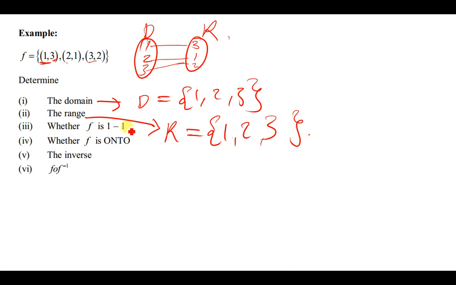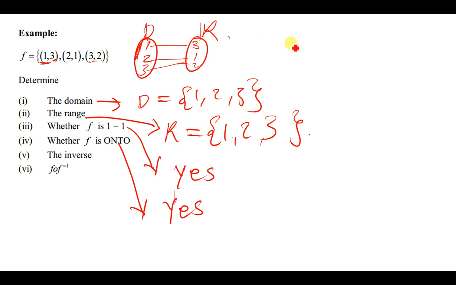The first question is, is f a one-to-one function? Yes, you can see that each member of the domain is being mapped onto one member of the range. So yes, it's a one-to-one function. And then determine whether f is an onto function. Is f an onto function? Yes. Why do I say so? Because all the members of the domain have been mapped to all the members of the range.